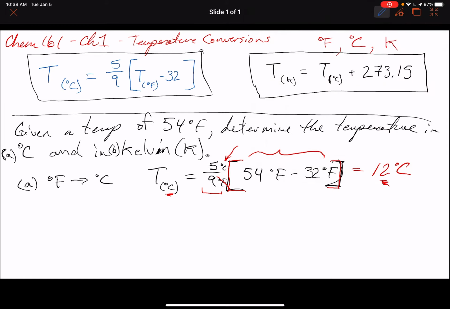Part B. Part B told us to transform the information all the way into degrees Kelvin. Well, having answered part A, we can move forward and work with that information to help us in part B. Okay, so we want to use the degrees C information from above and go to the Kelvin scale.